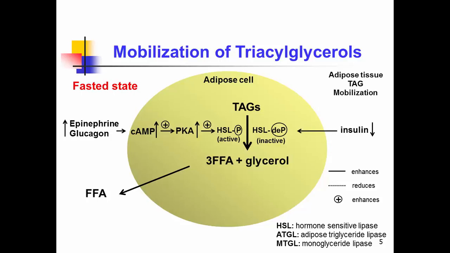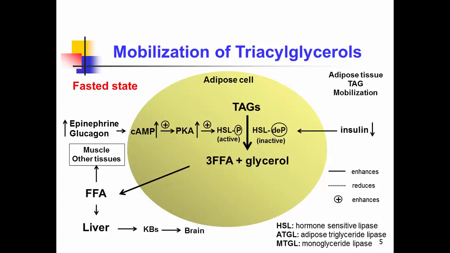So this just tells us how triglyceride is broken down into fatty acids and glycerol during the fasting condition because of the hormonal level change, right? And during the fasting, the fatty acids released from fat tissue are used by other tissues like muscle and other non-fat tissues for energy.